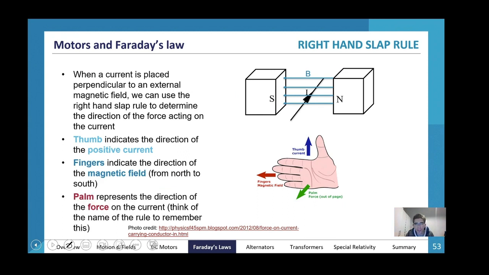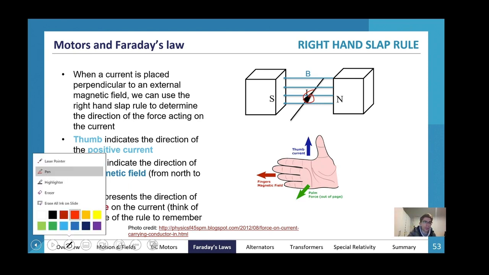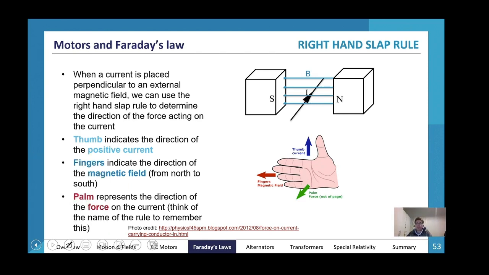So if we place a current carrying wire in a magnetic field, we want to know now the direction of the force that is being applied on the current carrying wire within the magnetic field. Because you have two magnetic fields interacting with each other, the external magnetic field and the magnetic field that is generated by the wire around itself. Therefore, a force will be applied on the wire. To find the force, we need to point our thumb in the direction that the conventional current is going.